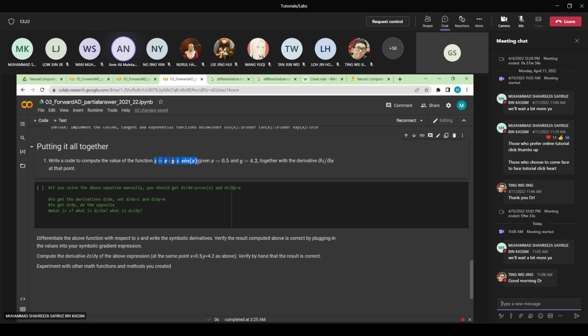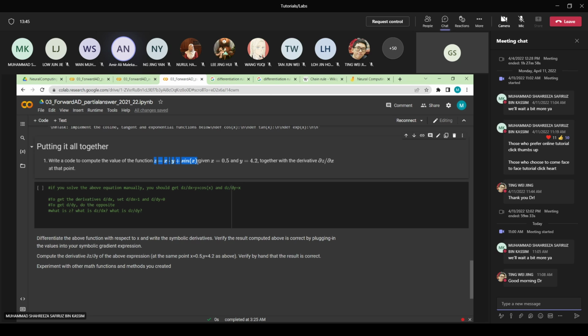Since z is a function of x based on our interpretation, the partial derivative of z with respect to x would be just y plus negative cosine of x.